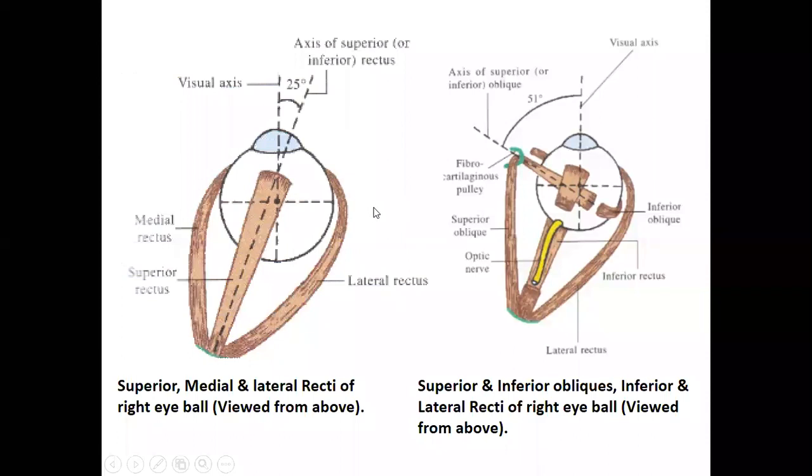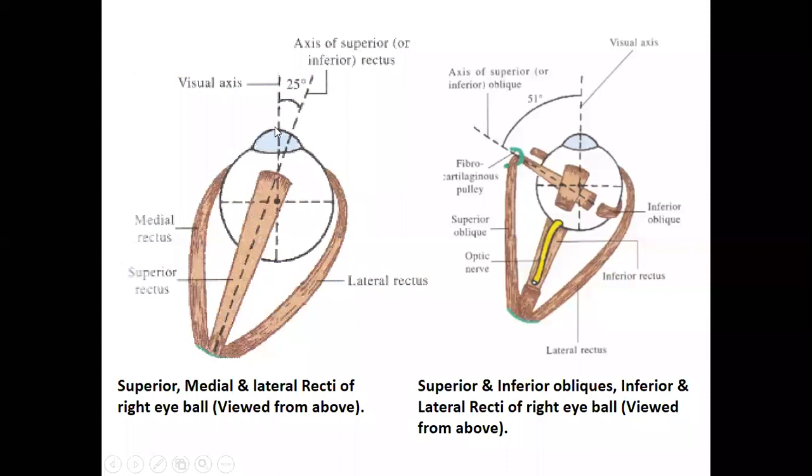Now in this slide you can see the recti muscles: medial rectus, lateral rectus, superior, and inferior rectus. If you see the direction of superior rectus and inferior rectus, it is oblique. And you can see 3 dotted lines.